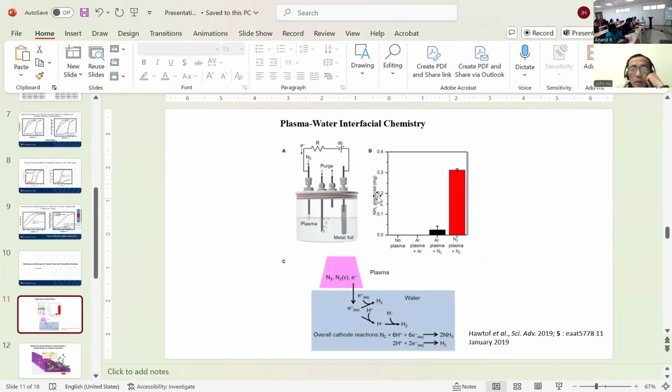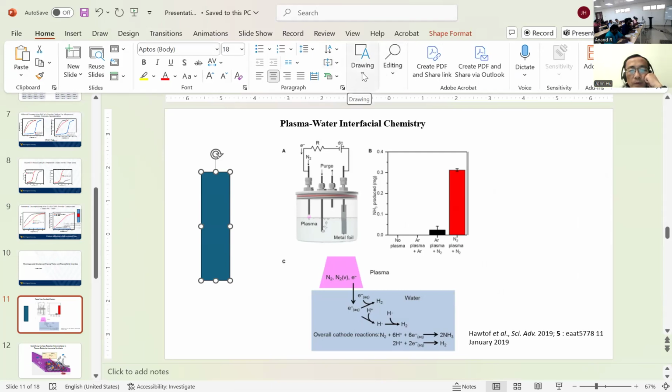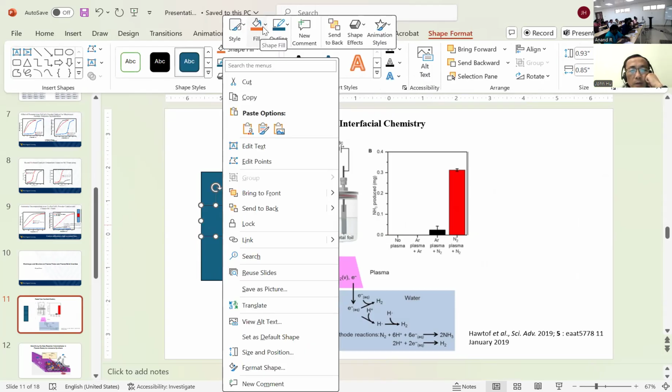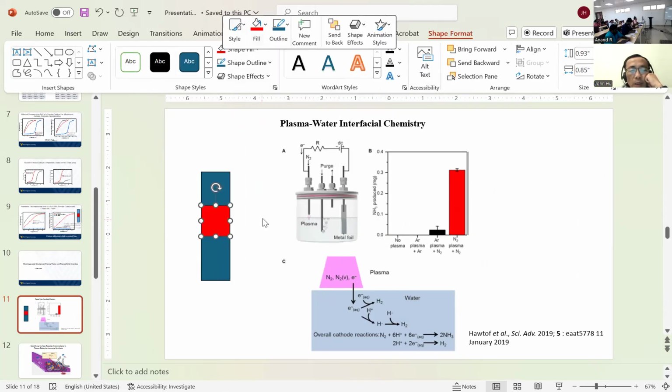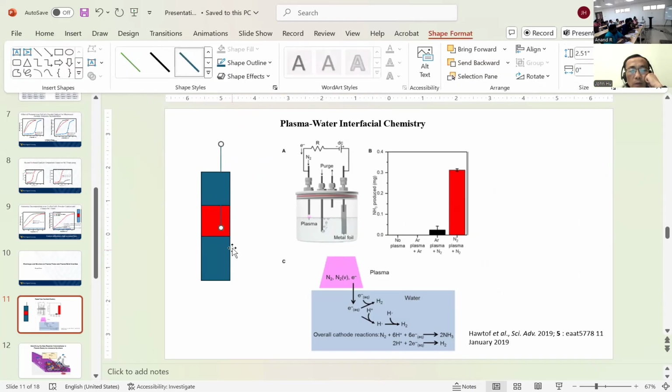So DBD, we all know the DBD plasma. You put the catalyst in here, and then you have something in the center, and then you have the voltage in here.